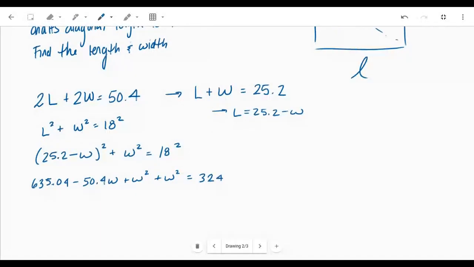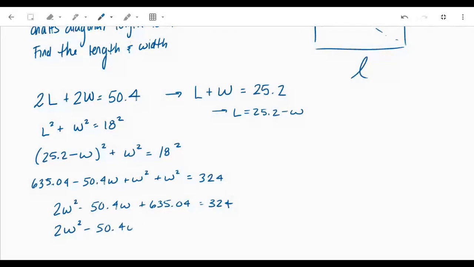So 2W squared minus 50.4W plus 635.04 equals 324. And then we can subtract the 324 from both sides. Okay, we probably don't want to factor that. We don't have to deal with factoring decimals.